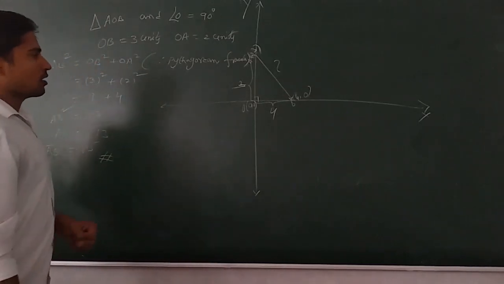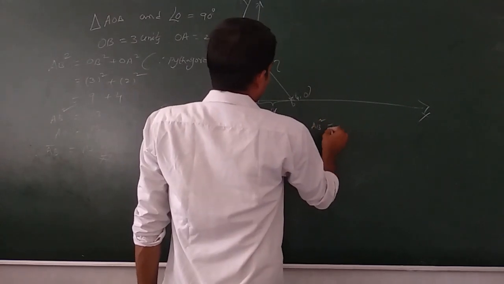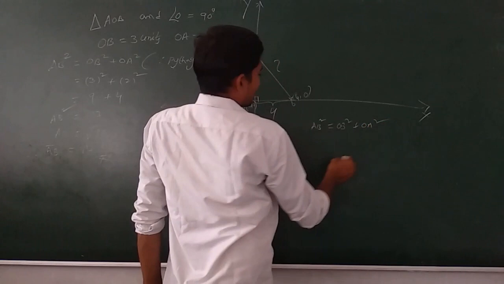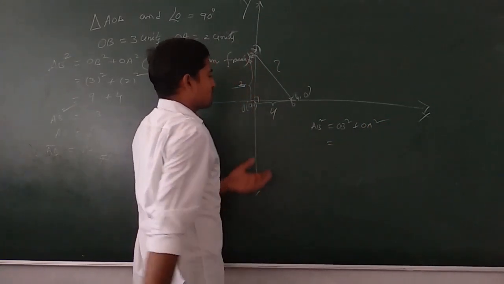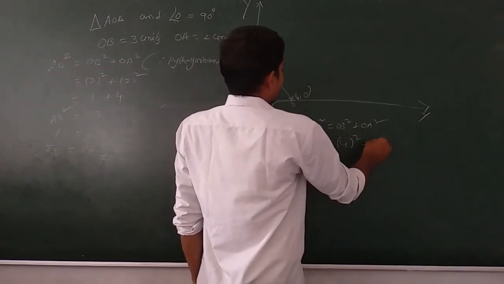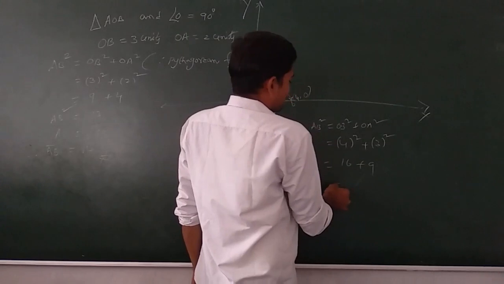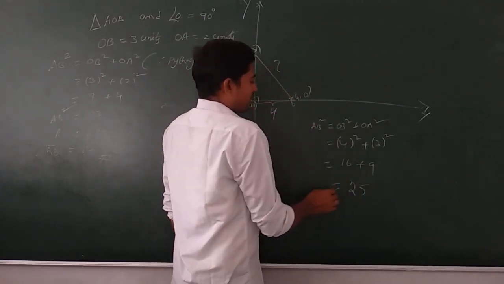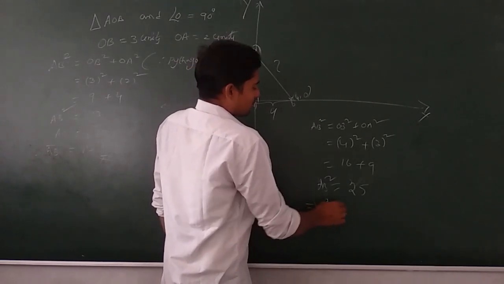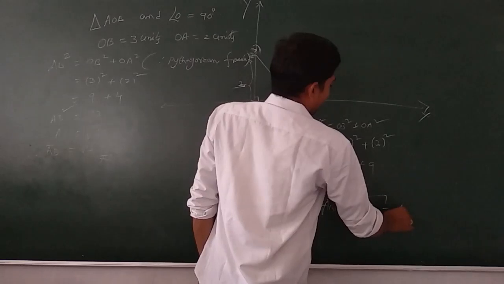Like this, here AB square is equal to OB square plus OA square. So OB square, 4 whole square, plus OA square, 3 whole square, which is equal to 16 plus 9, which is equal to 25, and then AB equal to square root of 25, which is equal to plus or minus 5.